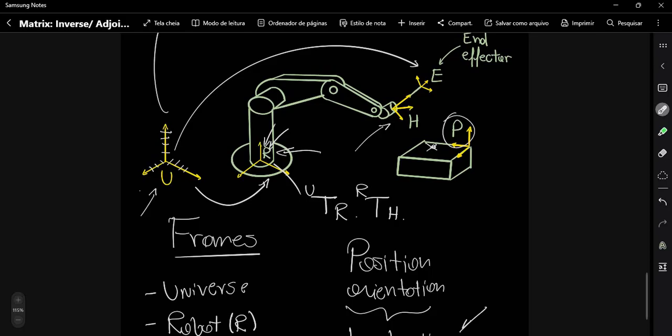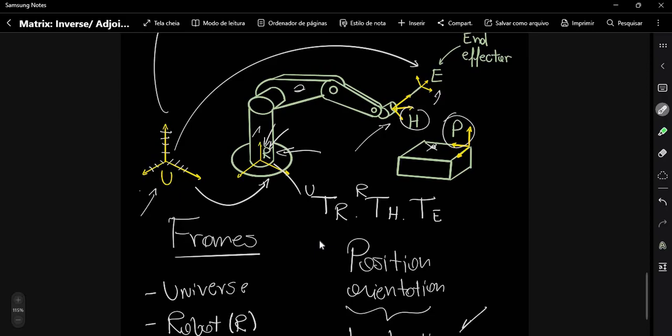as we have 1, 2, 3, 4 links, 5 with the end effector, we have to write a transformation for this whole system. We will write a transformation for the end effector in relation to this reference. So this frame turns into a reference for this frame.